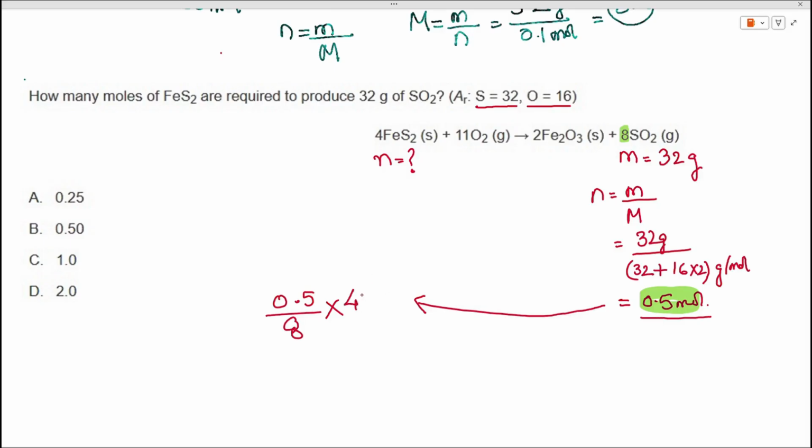So this is going to be multiplied by 4, and once we solve it, the number of moles of FeS2 we get is 0.25. So the right answer to this question is option A.